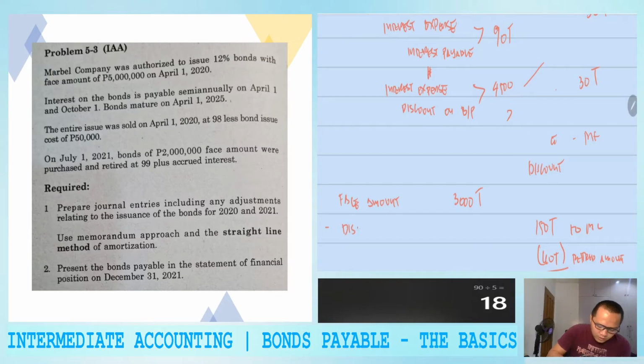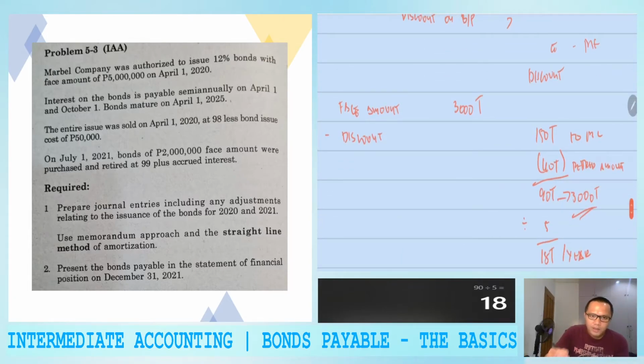And the discount applicable to the 3 million, we started with 90,000, di ba? Kasi 90,000 lang yung remaining balance natin dyan.